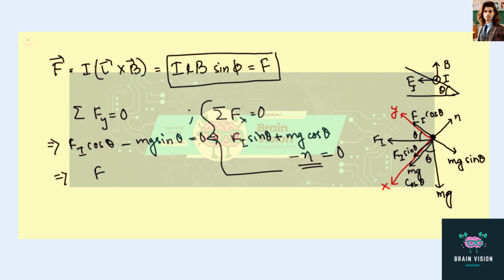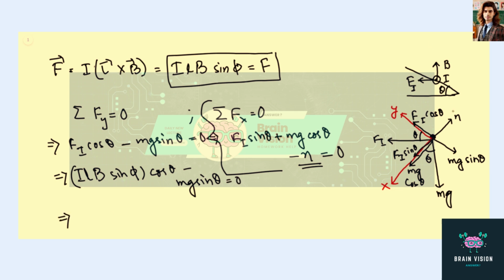Before doing that, let's use the equation of this force, because the force is basically the magnetic force. So we are going to use this equation times cos theta minus mg sin theta equals 0.